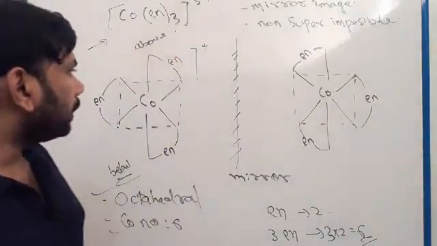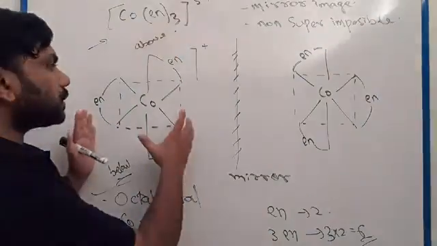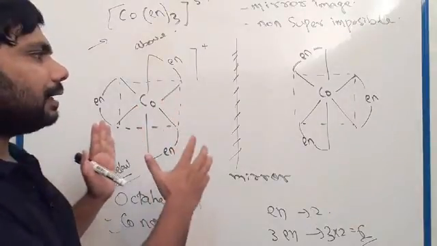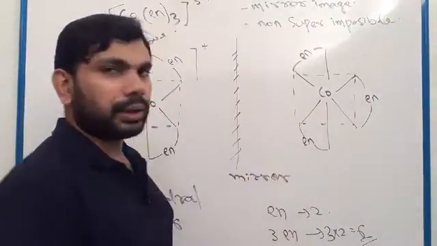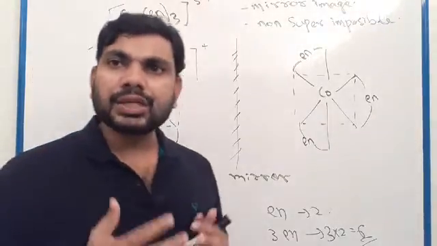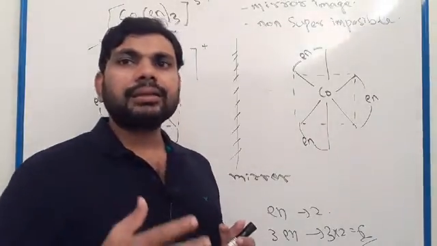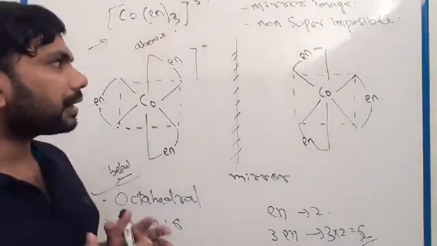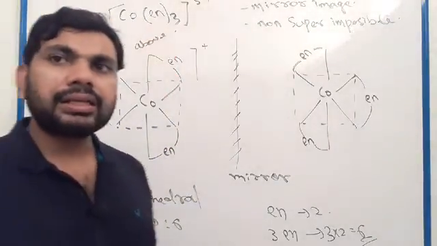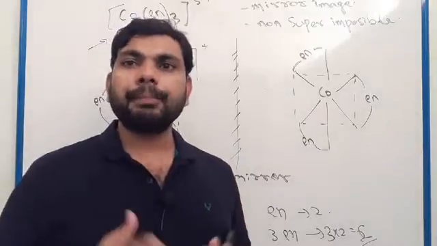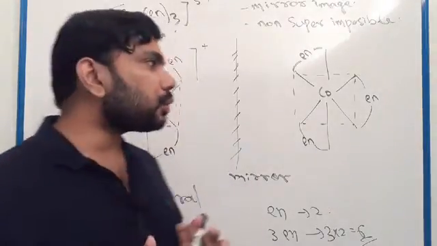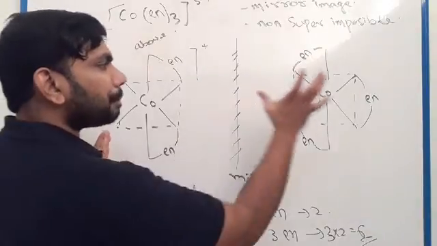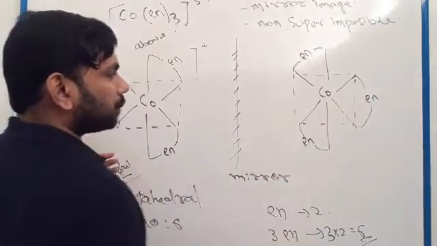Here you can see this is one isomer, and this isomer is exactly the mirror image of this one. So optical isomers are mirror images of each other, and they are non-superimposable. Non-superimposable means this image does not match exactly with this one.